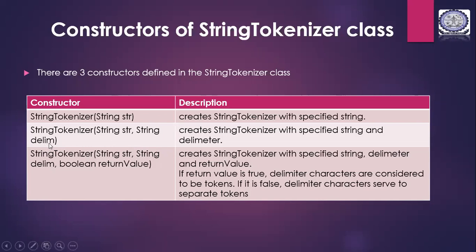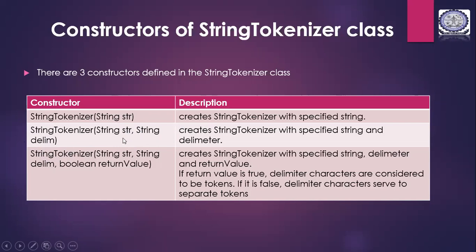Delim is nothing but the delimiter. Whatever value is initialized to str becomes the statement that has to be divided or split out into separate tokens, and the delimiter is the one that separates these tokens. Whatever user-specified delimiter you specify here, whatever is initialized to this delim, becomes the delimiter character for dividing this particular str into smaller strings or tokens.